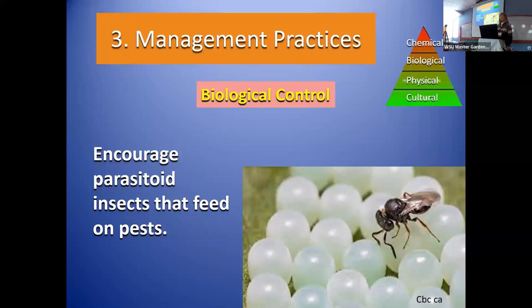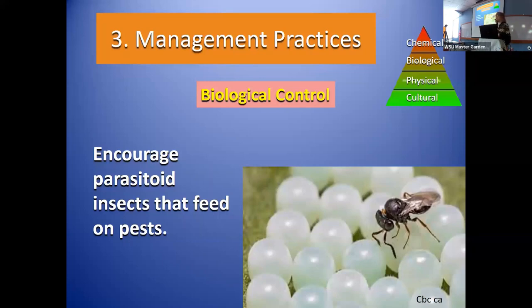And interestingly enough, there's not a problem with brown marmorated stink bugs in Asia. That's because this little samurai wasp will kill 60 to 90% of the brown marmorated stink bug eggs. So this little female wasp is probably one of our big superheroes in terms of gardening and having orchards.